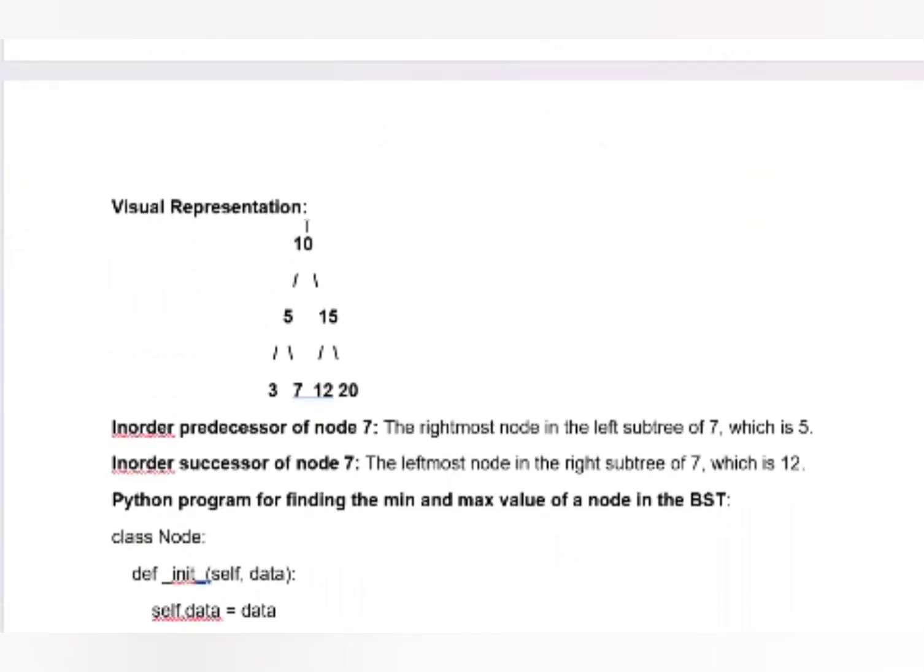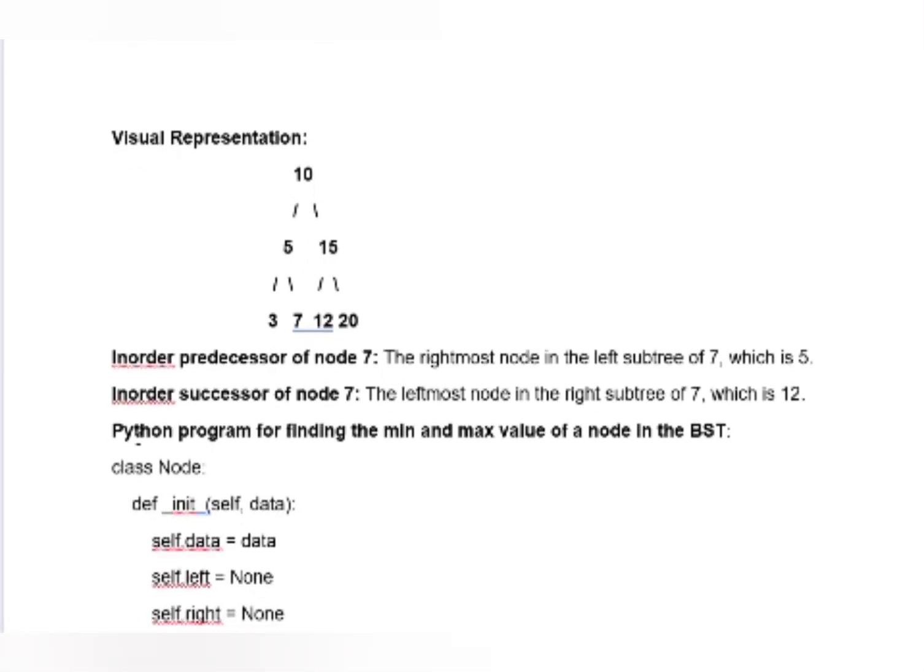So the rightmost node is 7. We can say that 7 is the in-order predecessor of 10. And here we want the in-order successor of 10. In the right subtree, the leftmost value is 12. So 12 will be the in-order successor of 10.